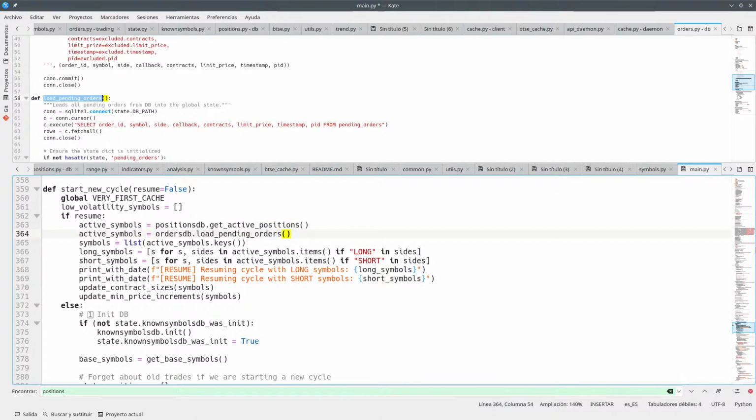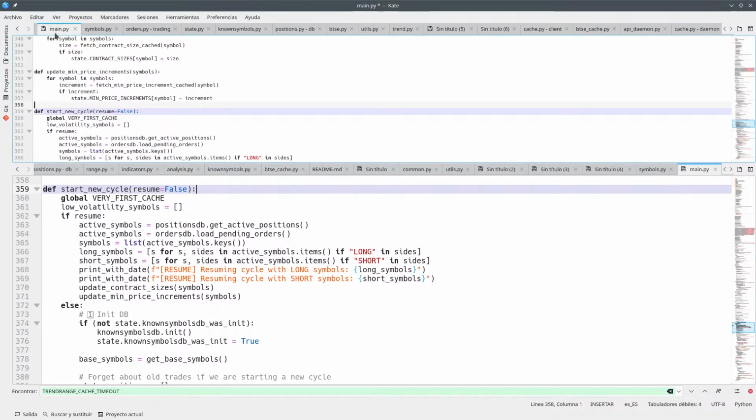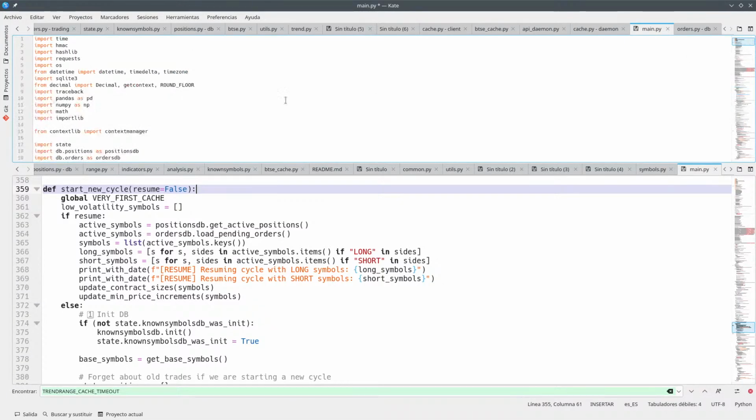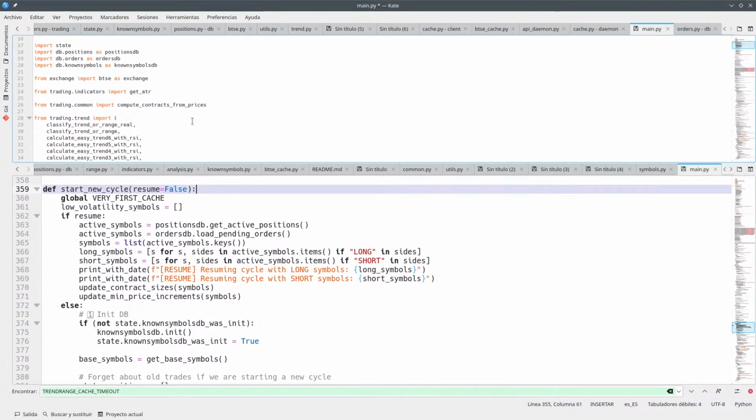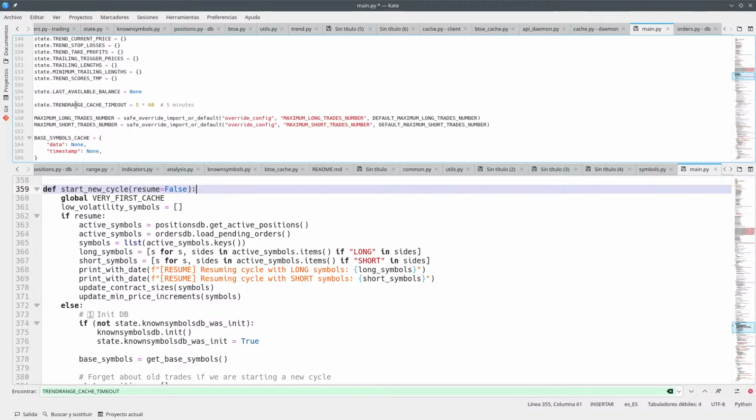Load pending orders, and we should have, so 359, we should have on the main top, on the main.py top, which I'm going to move to the right. So here on the top we should have pending orders or something like that, state pending orders, next to active symbols, isn't it?